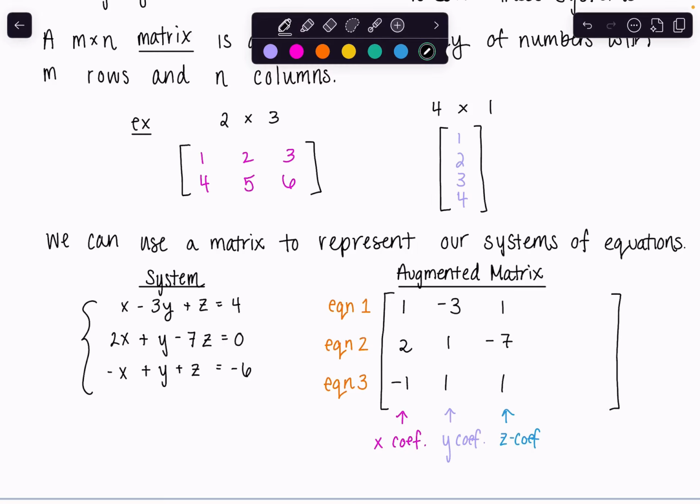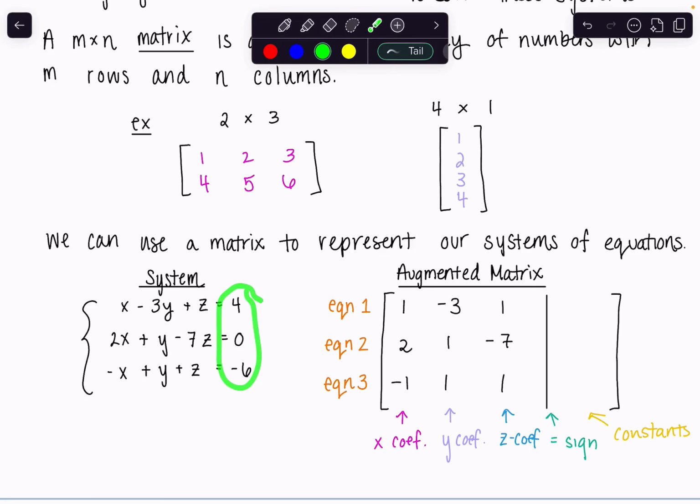Now I want to make a distinction between my coefficients and my constants. In place of an equal sign, we're going to put a bar. That is representing the equal sign. And then in our very last column, we put the constants, whatever it equals.